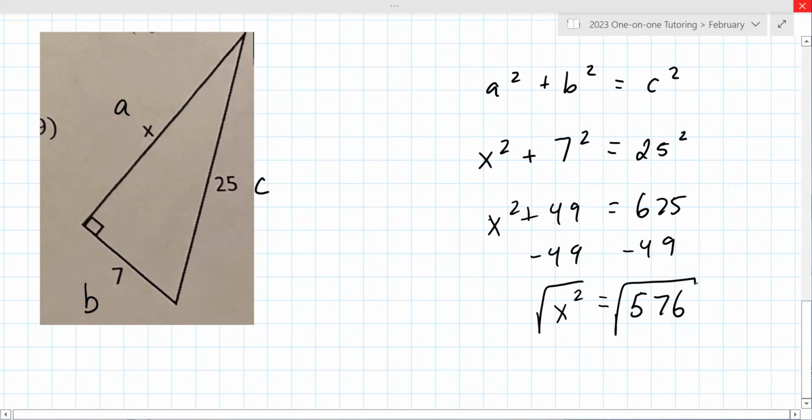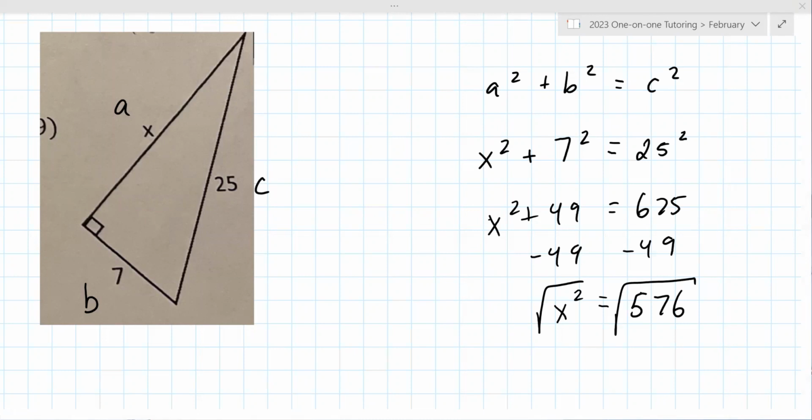That's going to be... Please use a calculator if you have one handy.